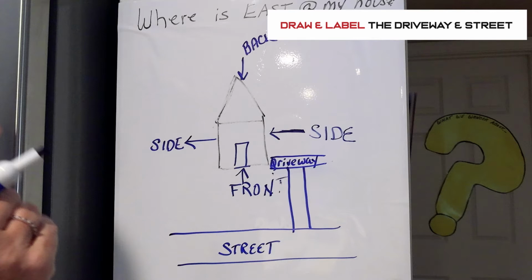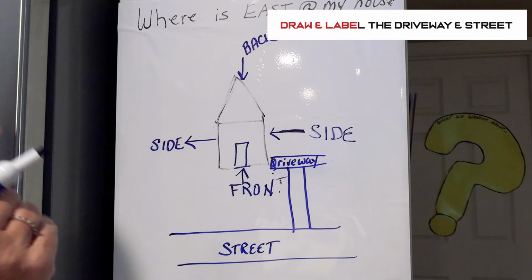And as most driveways, they lead out to the street. So I'm going to draw the street. So for me, looking at my driveway, if I'm in the street looking at the front of my house and looking at my driveway, now I know where my backyard and side yards are.